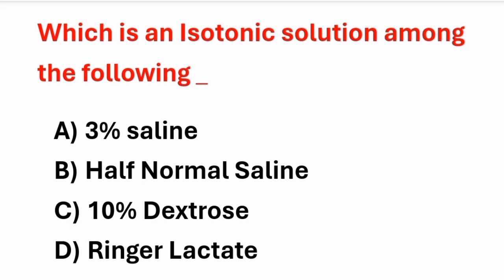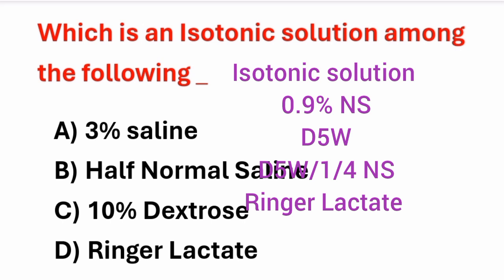Options. Option A, 3% saline. Option B, half normal saline. Option C, 10% dextrose. Option D, ringer lactate. Based on the tonicity, intravenous solutions or IV solutions are isotonic, hypotonic, hypertonic and colloids.